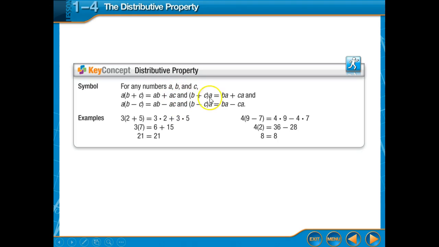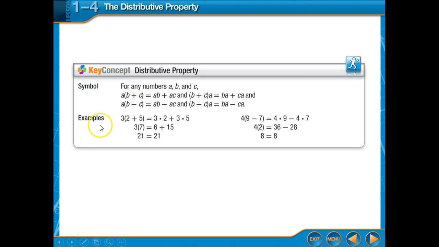And it doesn't matter if the A comes after the parentheses, you're doing the same thing. A times B plus A times C. And it works for subtraction too. When you see key concepts like this given in symbols, that is just to show you that it will work for any numerical values.